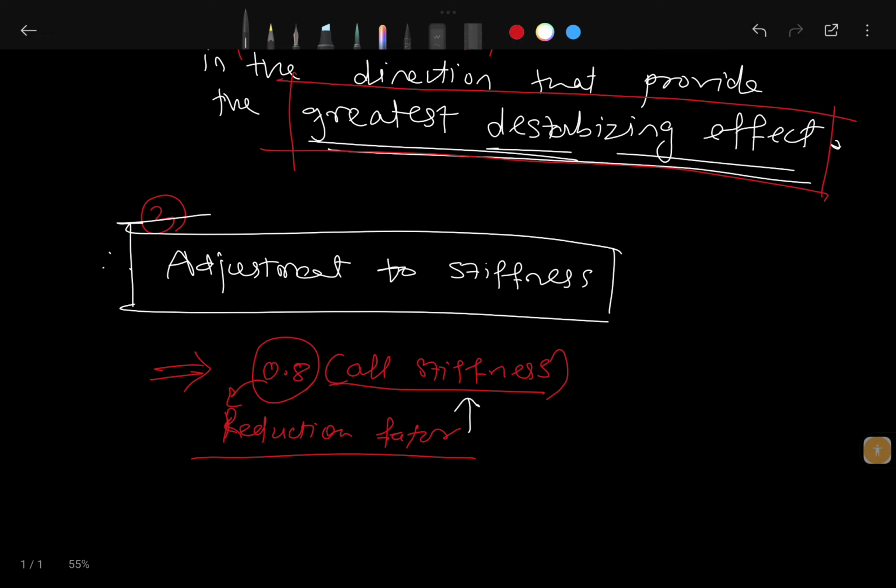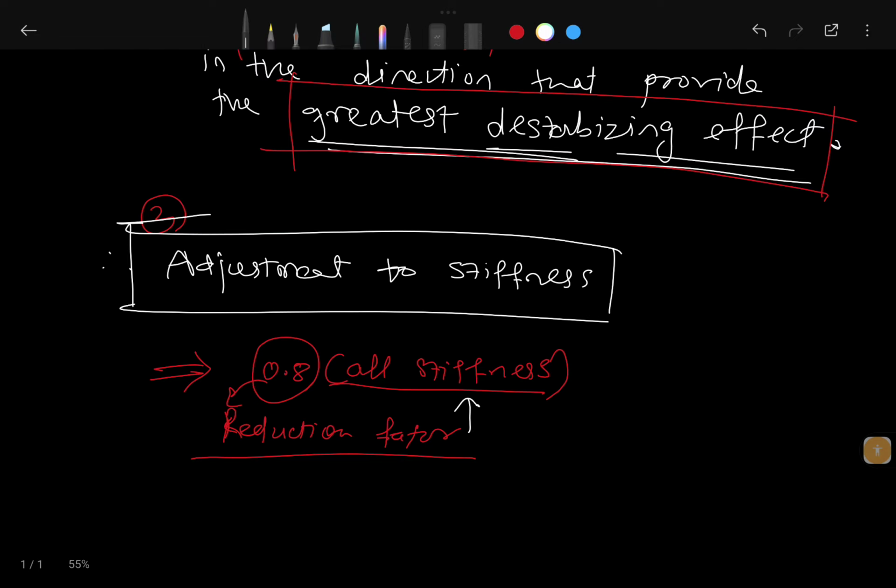Applying the stiffness reduction in some members and not others can in some cases result in artificial distortion of the structure under load and possible unintended redistribution of force.